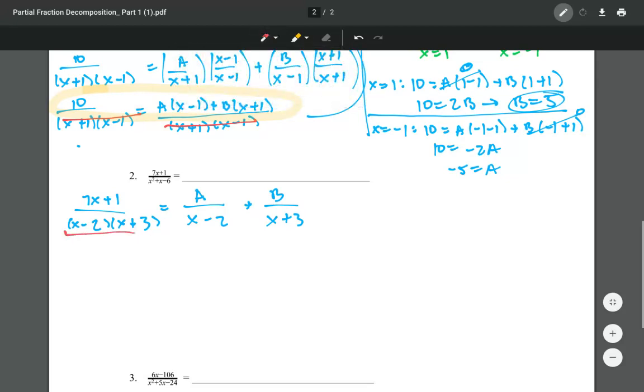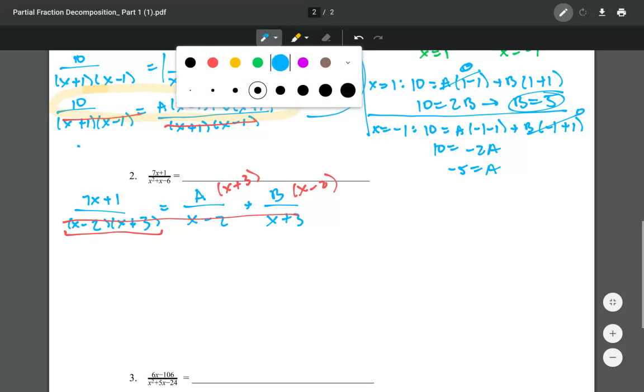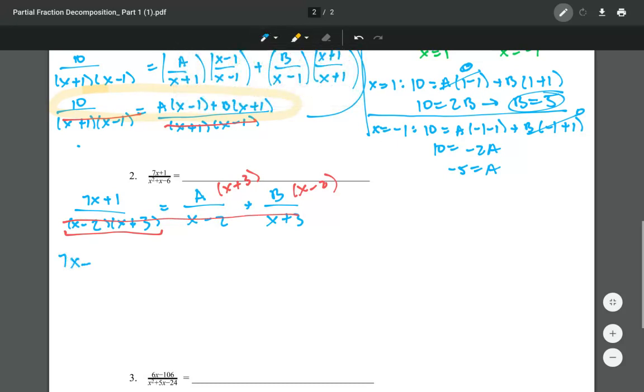What I've got right here is my common denominator. So that means that A needs to be multiplied by (x + 3) and B needs to be multiplied by (x - 2). But I'm going to ignore my denominators and just set my numerators equal, saving myself a step. 7x + 1 is equal to A(x + 3) + B(x - 2).